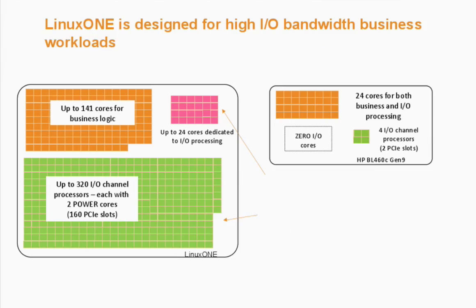Whenever you have these high I/O applications, because we have dedicated I/O processors, as the application is running on the general purpose processor, anytime there's an I/O instruction that needs to get done, it will get offloaded onto the I/O processors. That frees up the general purpose processor to continue to do computing.